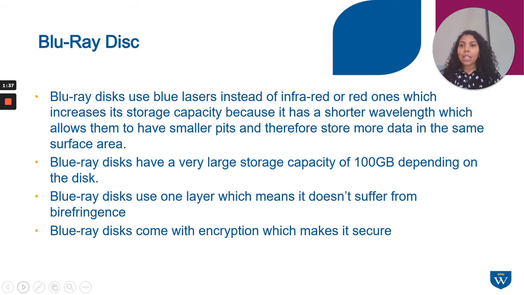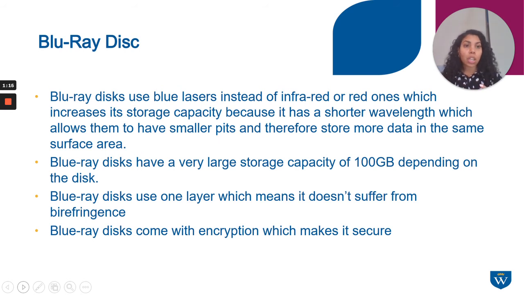Blu-ray discs. I feel like this type of optical media is kind of dying out, but they use blue lasers instead of infrared ones, okay? This increases the storage capacity because it has a shorter wavelength, which allows them to have smaller pits, and therefore they can store more data in the same surface area.